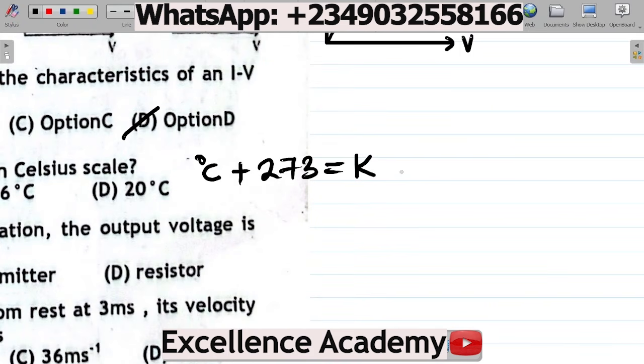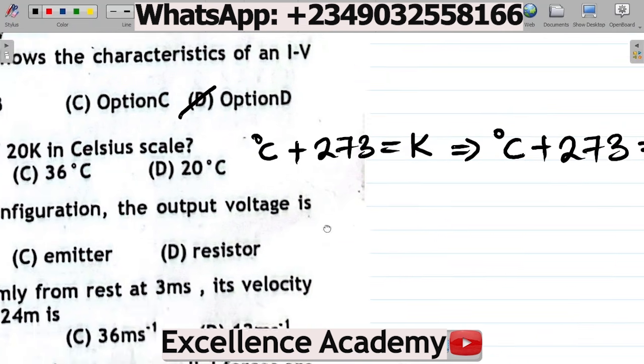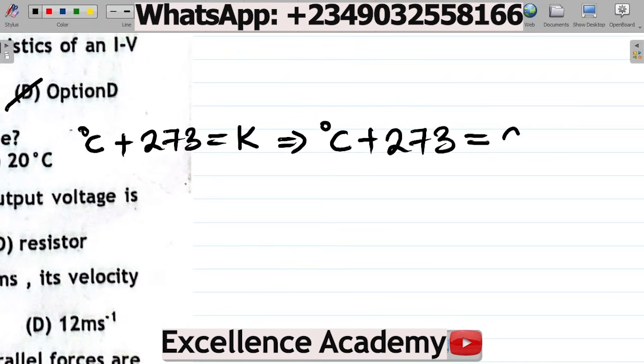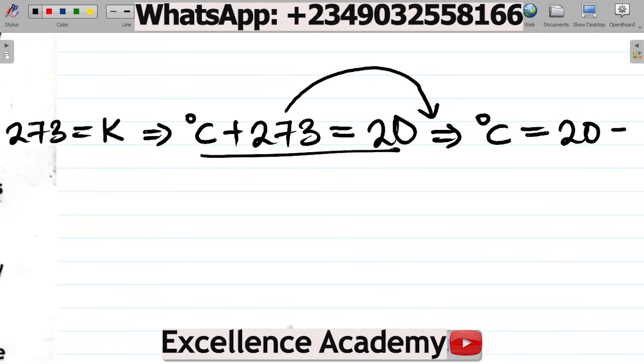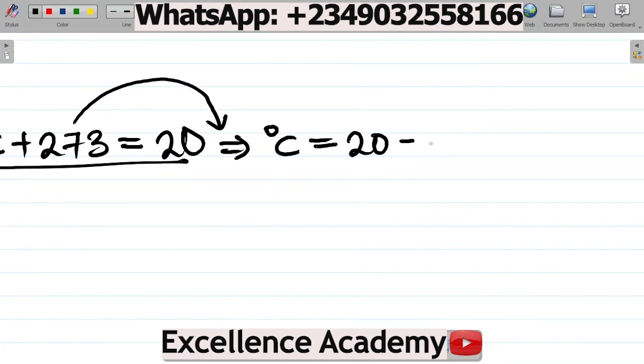So from here, we can say the degrees Celsius value plus 273 is equal to the Kelvin value, which, as you can see, is 20. Let's solve this particular equation. Proceeding with this, we can get degrees Celsius as being equal to, all you have to do is move this 273 over here, and that becomes 20 minus 273.